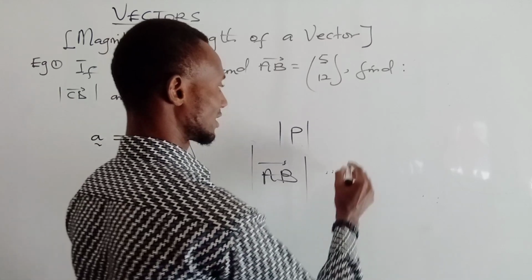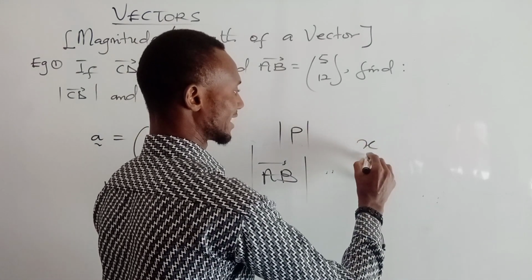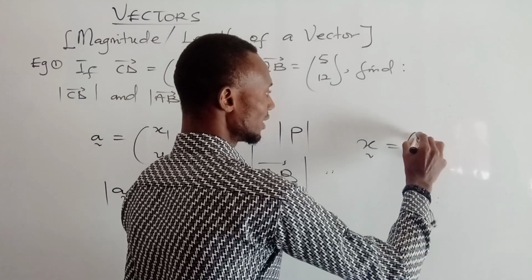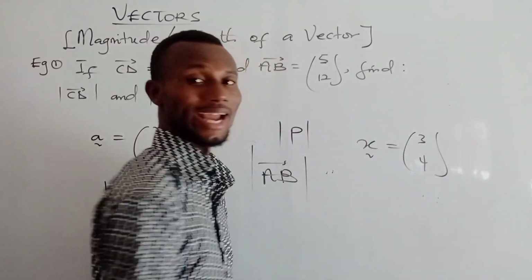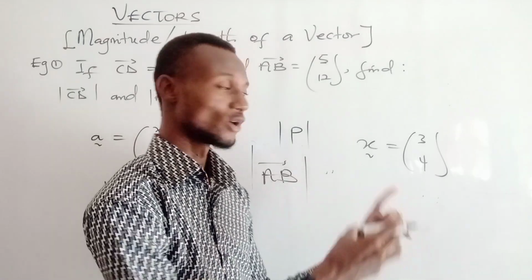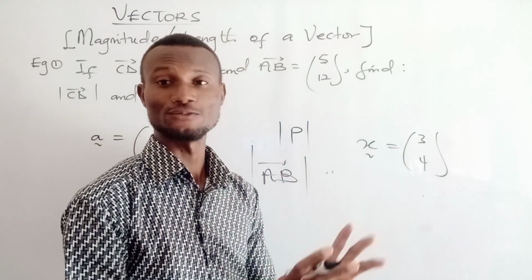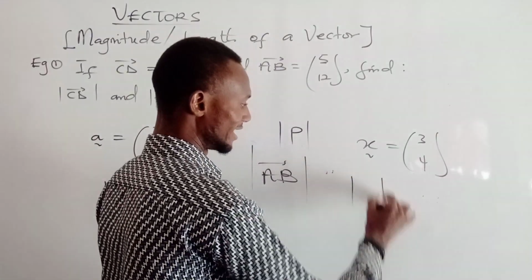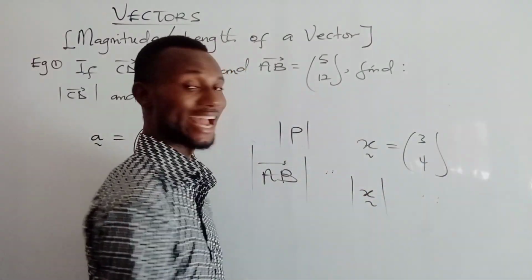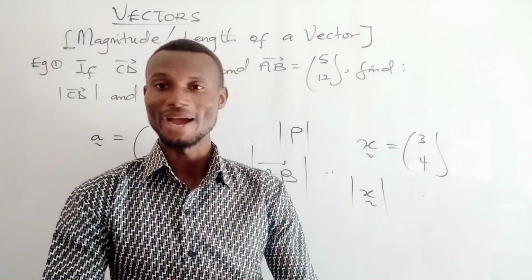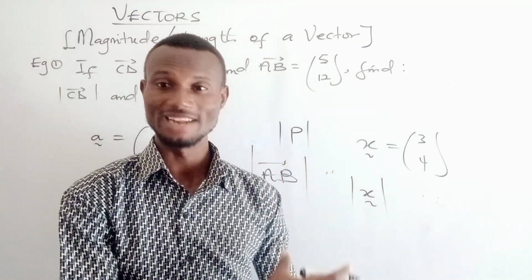For the last time, let's say I have vector S equals 3, 4. If I want to find the magnitude or the length of vector S, how to show that is that I put two lines at the side of the vector S. That's what shows that you want to find the magnitude or the length of that vector.